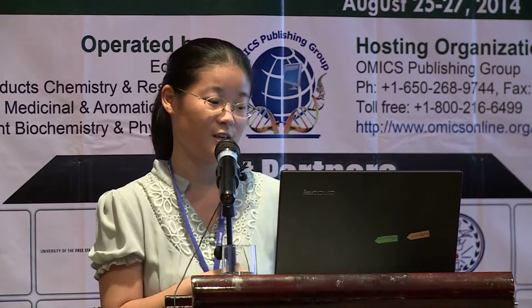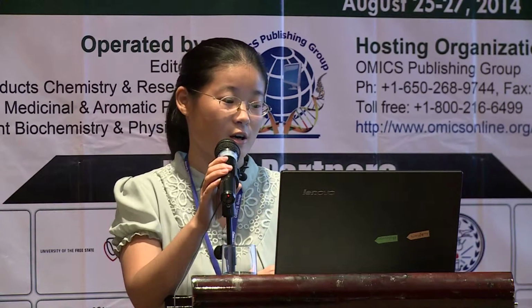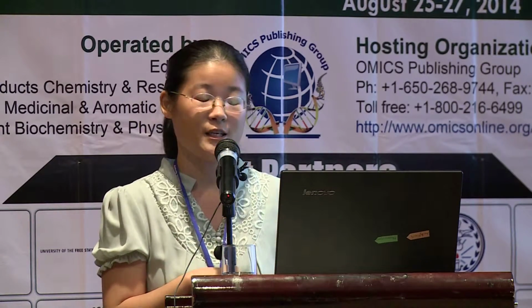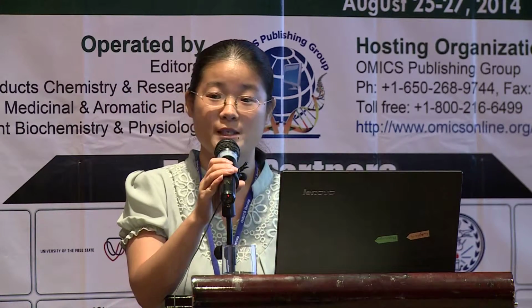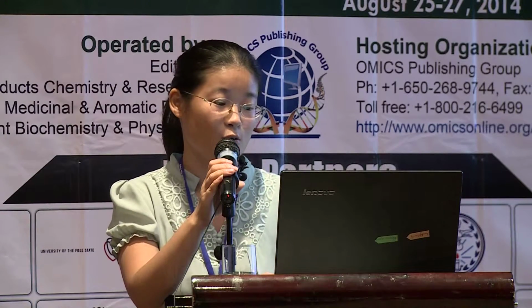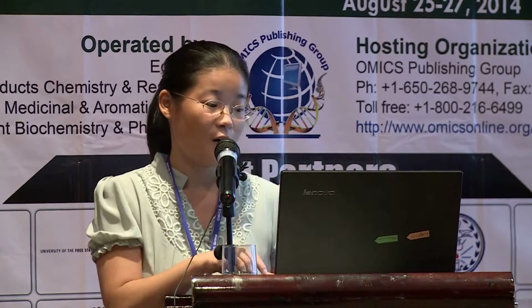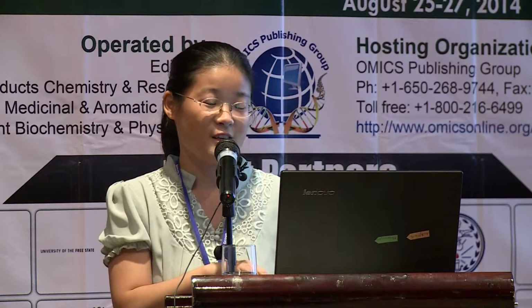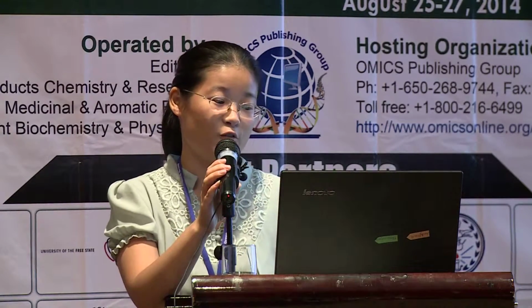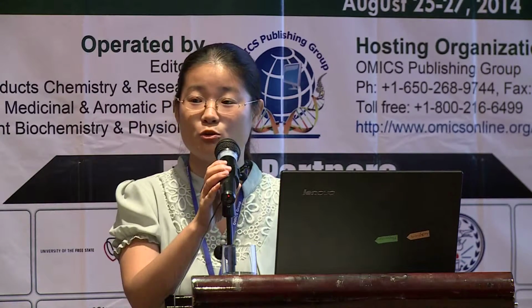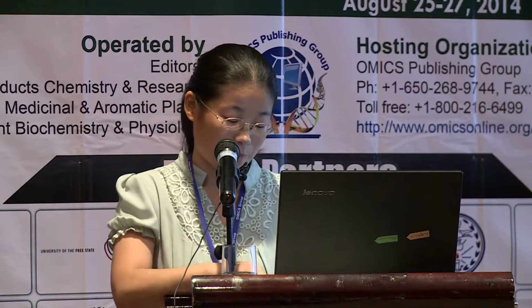We know that in higher plants, inorganic ammonia should be converted to organic glutamine by GS and GOGAT. GS means glutamine synthetase, GOGAT is glutamate synthase. So I think we know the importance of glutamine synthetase. This is the first step for inorganic nitrogen to become organic nitrogen.